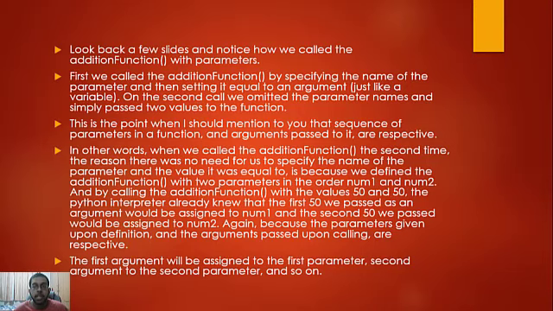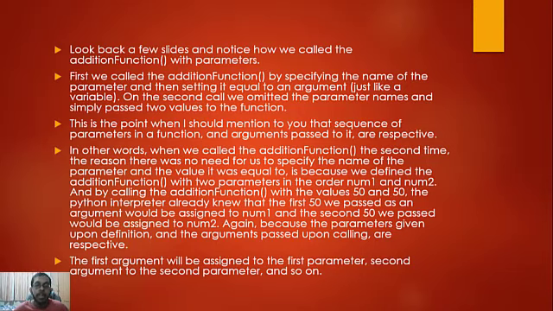In other words, when we call the addition function the second time, the reason there was no need for us to specify the name of the parameter and the value it was equal to is because we defined the addition function with two parameters in the order num1 and num2.